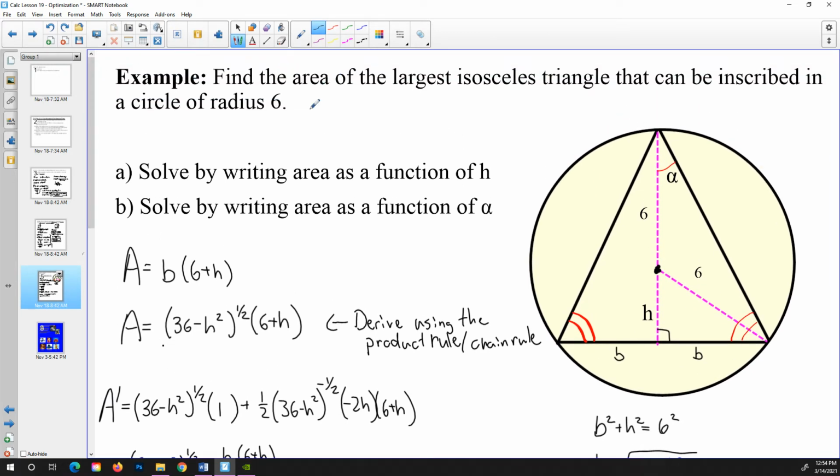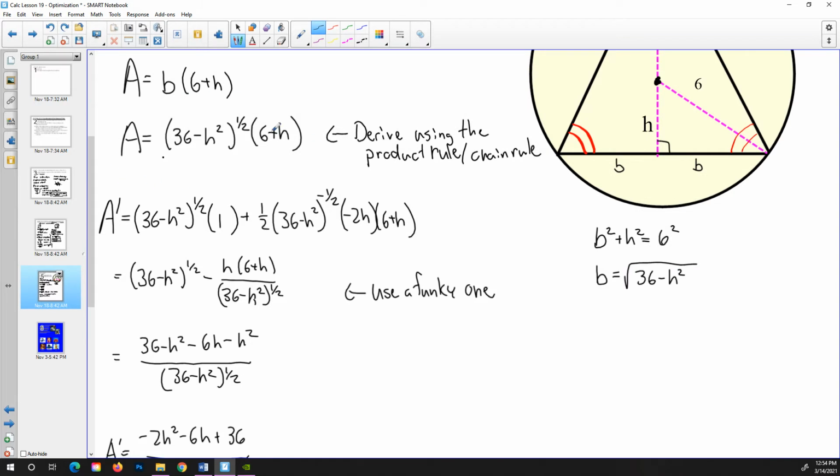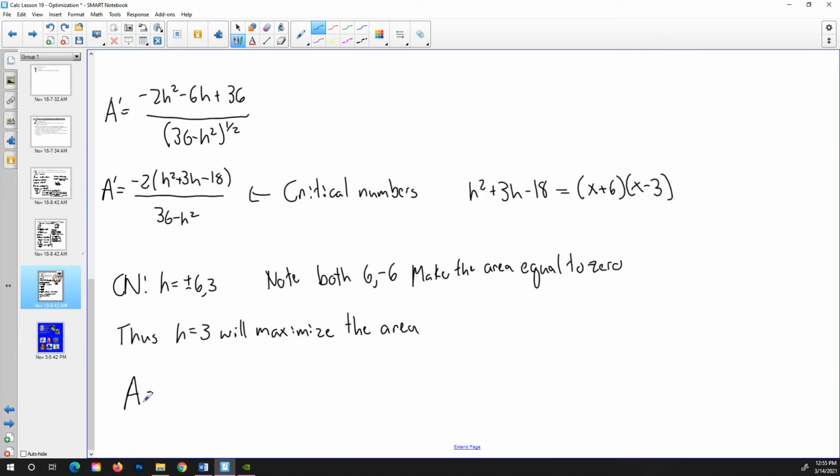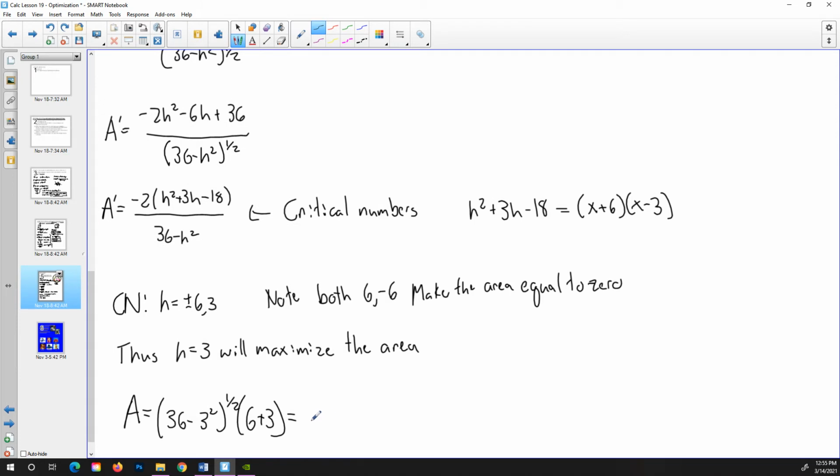So we actually got to find that. So here is my area equation. What I'm going to do is plug 3 in for h. So my area equation is going to be 36 minus 3 squared to the 1/2 power times the quantity 6 plus 3. That'll give me, well, 36 minus 9 is 27. So I'll have 27 to the 1/2 power times 9.